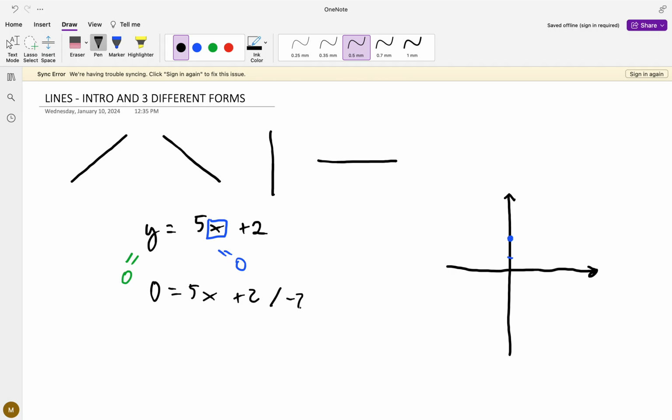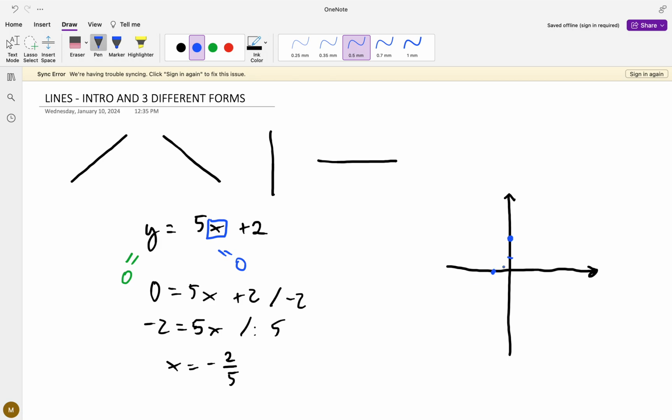I'm going to subtract 2 from both sides, so we have negative 2 equal to 5x. Let's divide both sides by 5. So x, or the x-intercept, is equal to negative 2 over 5. So negative 2 over 5, let's see, that will be somewhere right here.